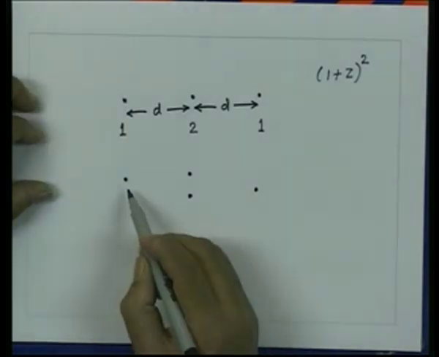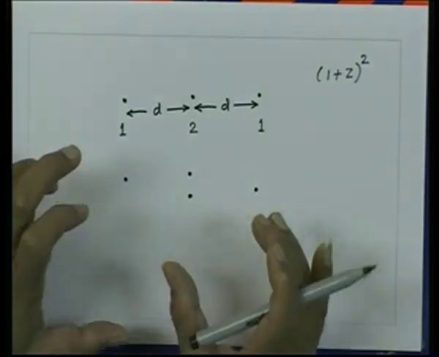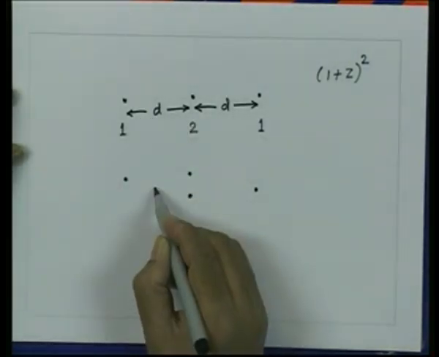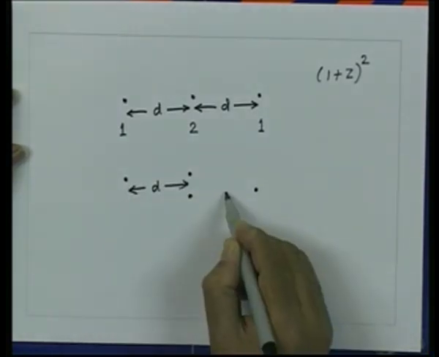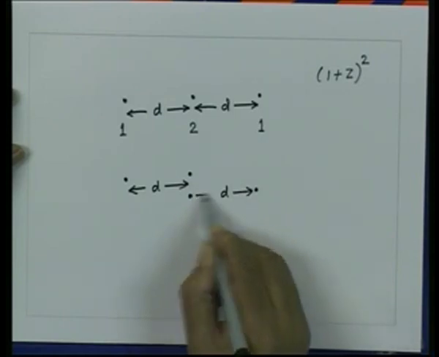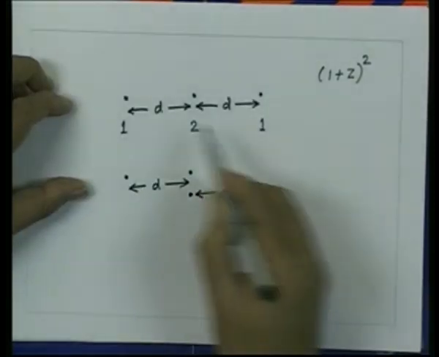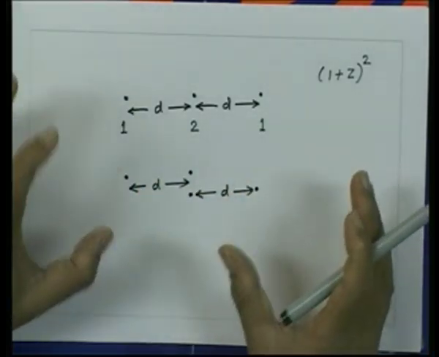So, essentially we are now considering this 3 element array as a combination of 2 arrays of 2 elements. So, if this spacing is d, this spacing is d and this spacing is d. So, now we are saying that this is equivalent to the 2 arrays of 2 elements.